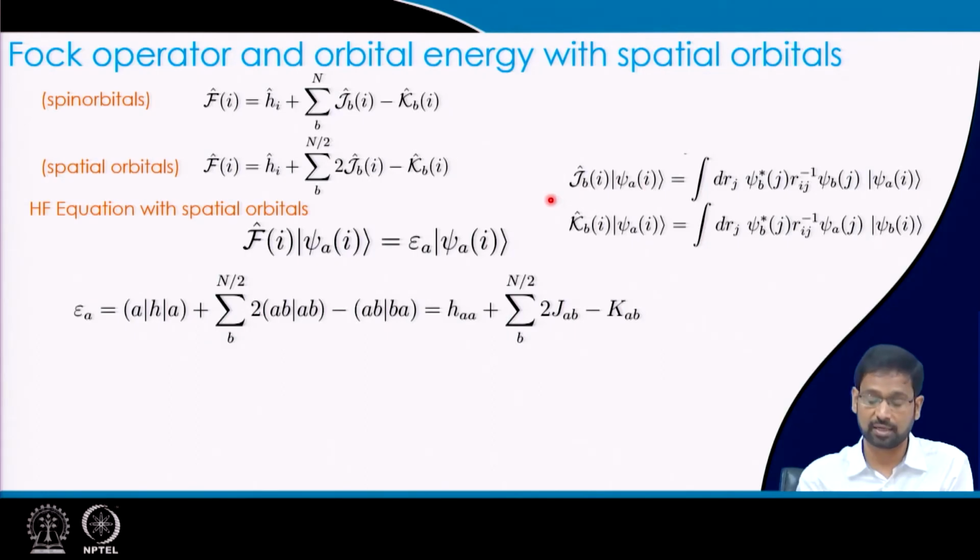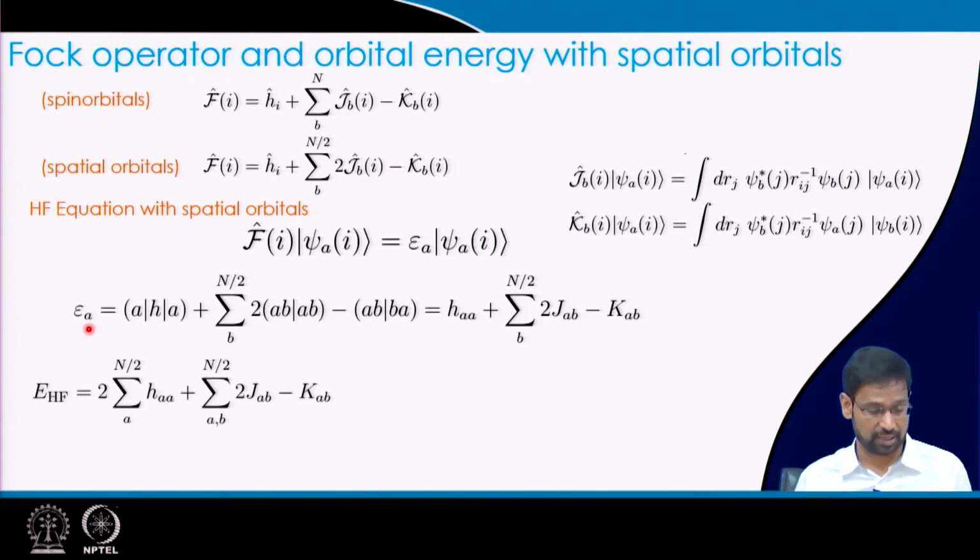In that case I would get 2 times (aa|bb), that is the Coulomb term, and similarly I will get an exchange term. In other words, I can write down this h_aa, the core energy, the Coulomb energy and the exchange energy. So this is the expression for the energy of a spatial orbital a.